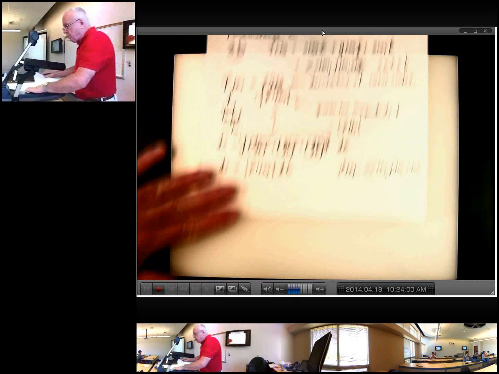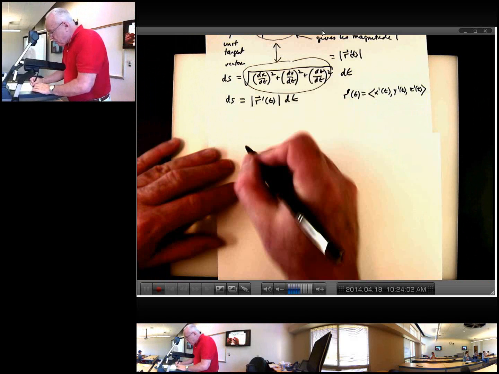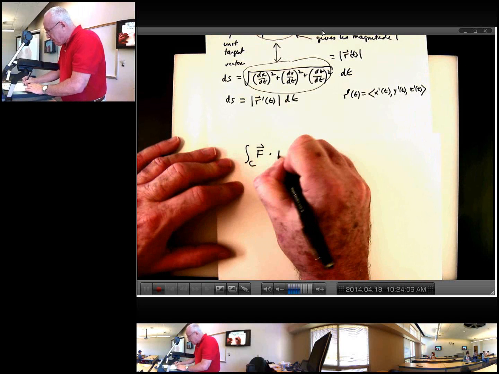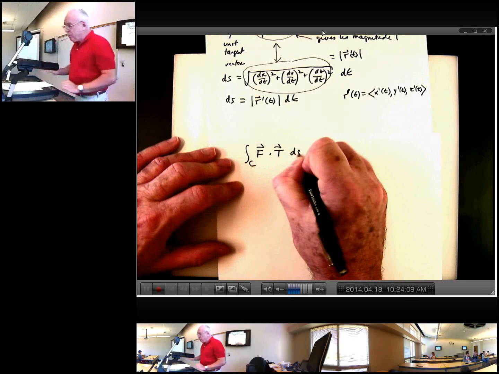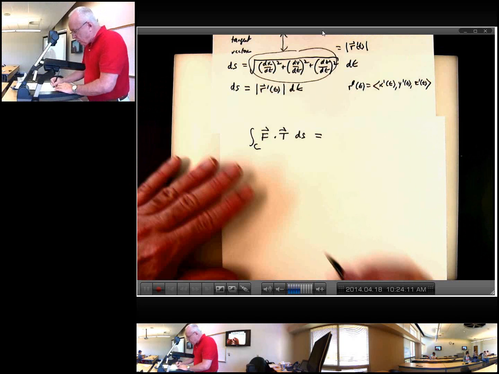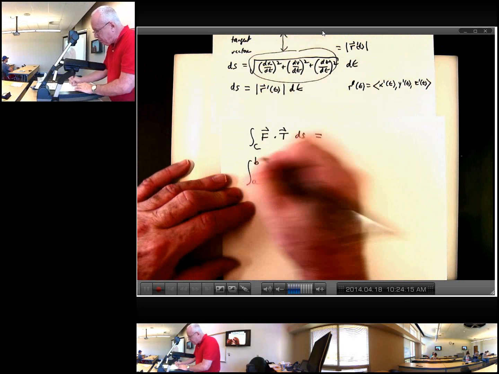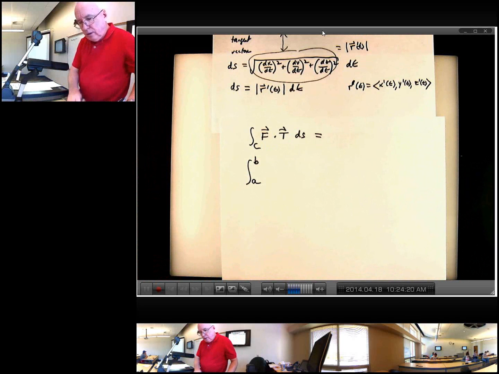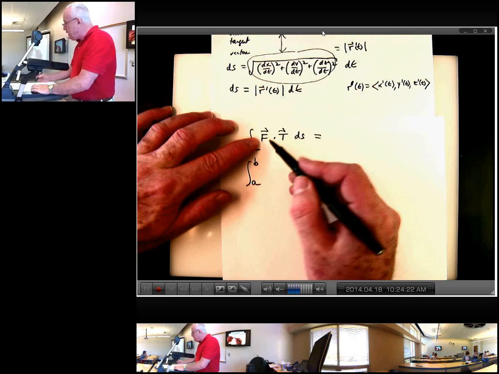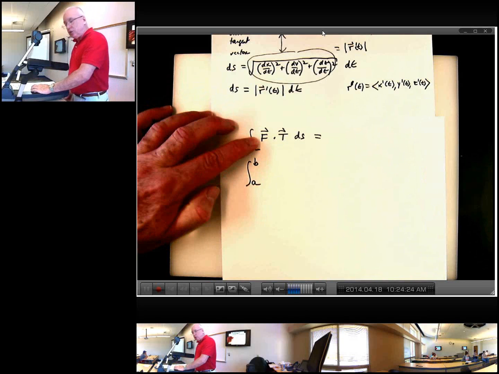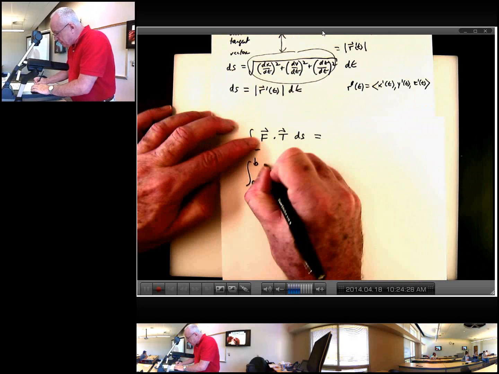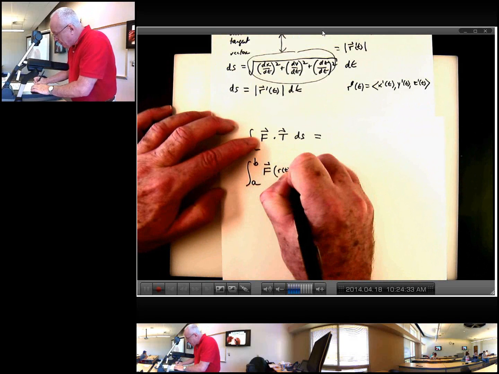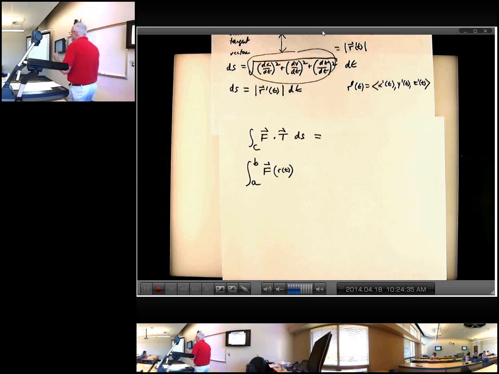So let me rewrite my original formula here. Integral over C of F dot T ds, and we're going to replace that with this. Well, first of all, we're going to have our parameterization from a to b, all right? And then what I'm going to do here, I need to parameterize my function here. So I'm going to represent my force vector in terms of the t, and we'll see this when we do an example.